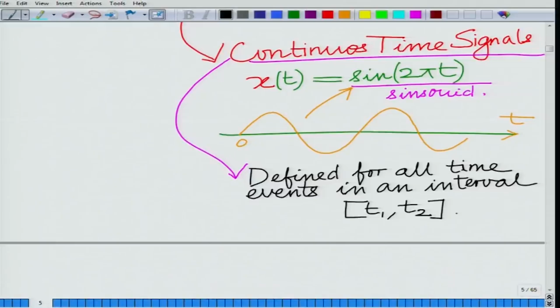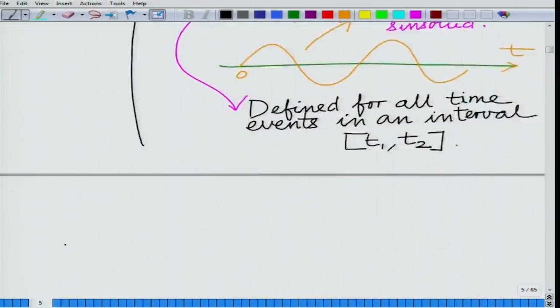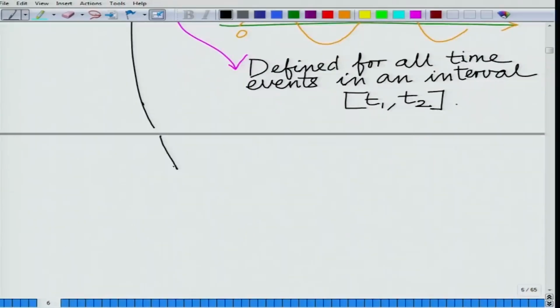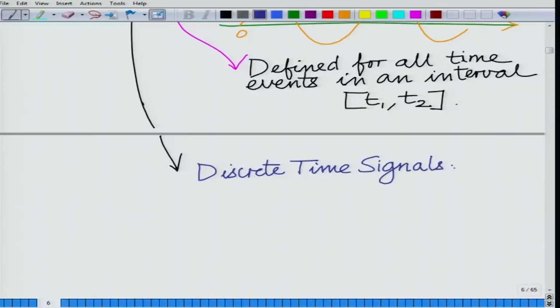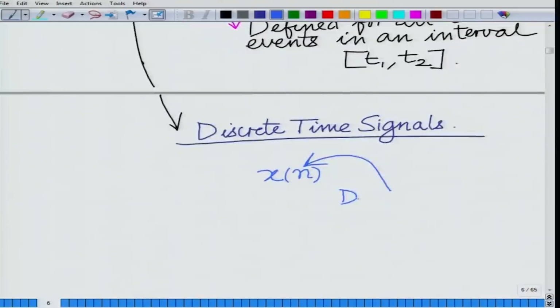In addition, you have what are known as discrete time signals. So, these are continuous time signals. Now, we have discrete time signals, such as x of n, correct.